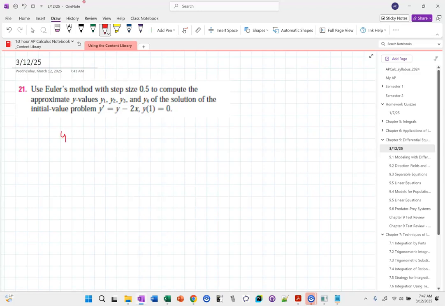So we'll start with our formula for Euler's method. So this is just the formula.